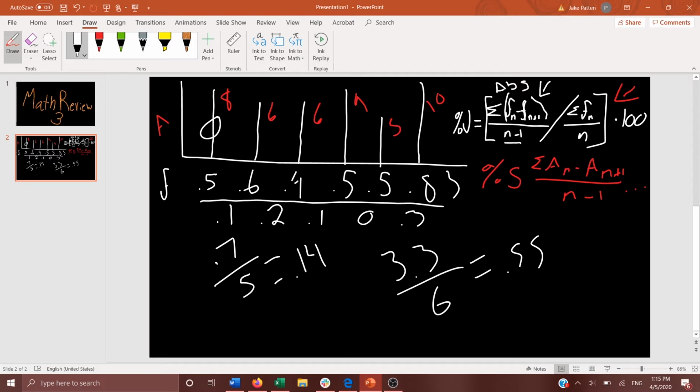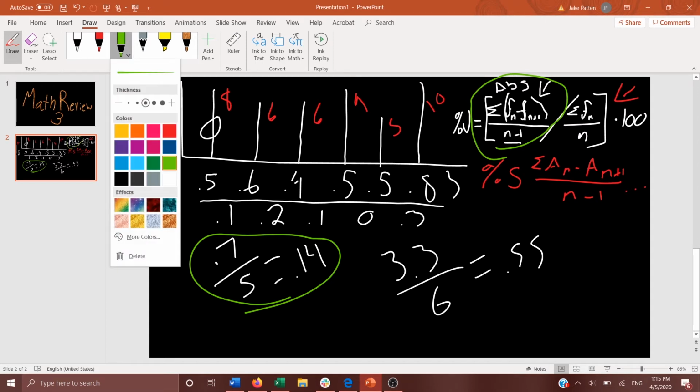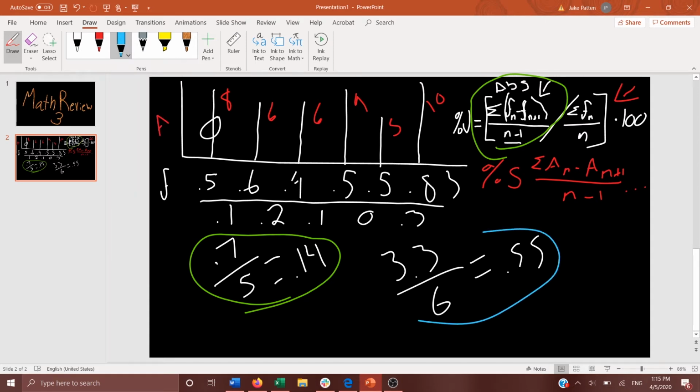The last thing we need to do, so now we have 2 parts of the formula, right? Let me highlight these. So we've got this that we've computed here. That's this part of the formula. Then we've got this number that we computed here, the average spacing. That's this part of the formula. Now we need to do what's in there. We need to divide those, right?